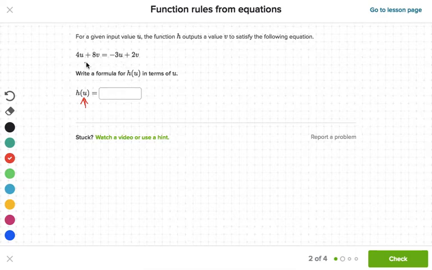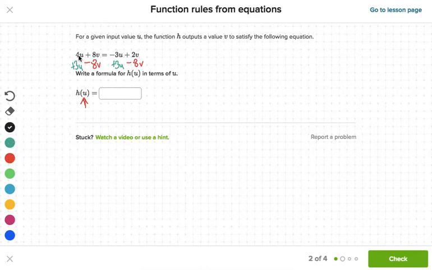So I'm going to subtract 8v from both sides, and at the same time, I'm going to add 3u to both sides. That is going to bring my u over to the left-hand side and my v to the right-hand side, and I'm going to be perfectly happy with that.